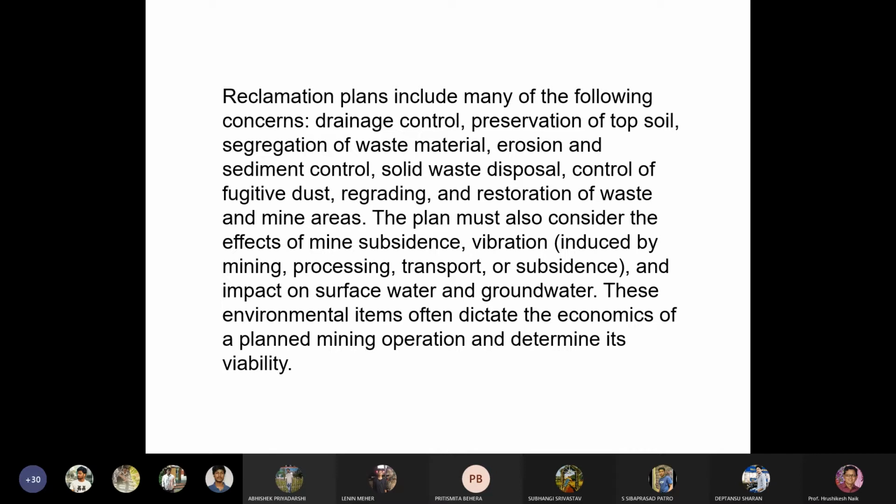These environmental items often dictate the economics of a plant mining operation and determine its viability. So these environmental parameters have to be taken care of during mining and after mining, and the land is to be reclaimed as per the reclamation plan.